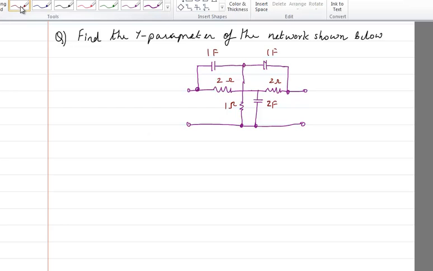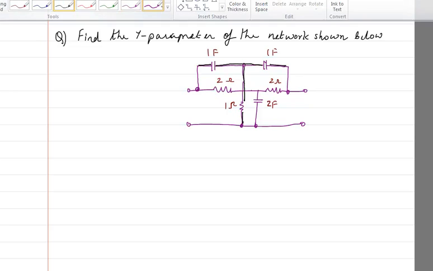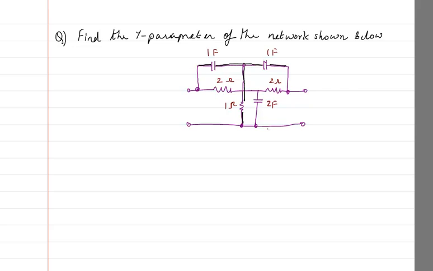Now here you can see that there are two networks. One is this network, which is a T network, and the second network is this network.